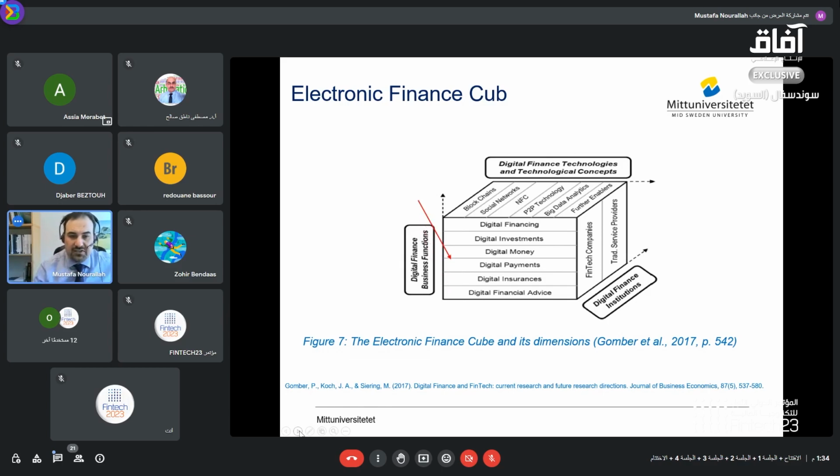This surface shows the main fintech solutions that we can use: digital financing, digital money, digital payments. And the roof shows the technology that we need to use. When you pay, your mobile application is the fintech solution, but in order to conduct it, there is a lot of technology supporting it.